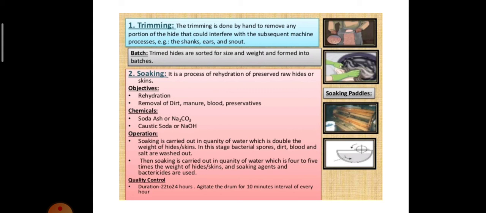Quality control: the duration is 22 to 24 hours. Agitate the drum for 10 minutes at an interval of every hour. So this is the soaking paddles. Look at this. The first image shows the trimming, the second one is the soaking, the third one is soaking paddles rotating in the anti-clockwise direction.